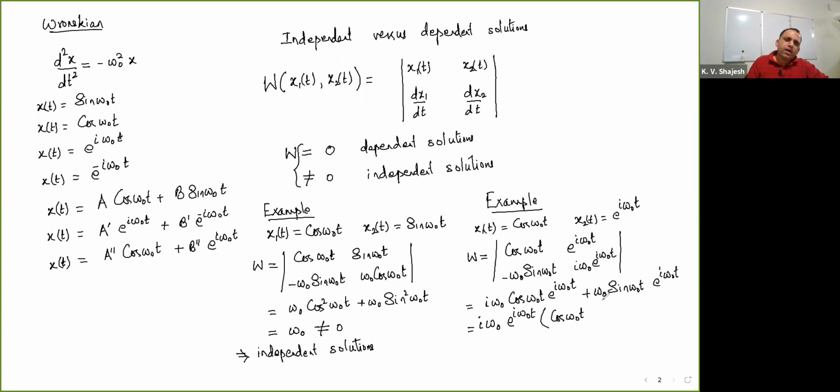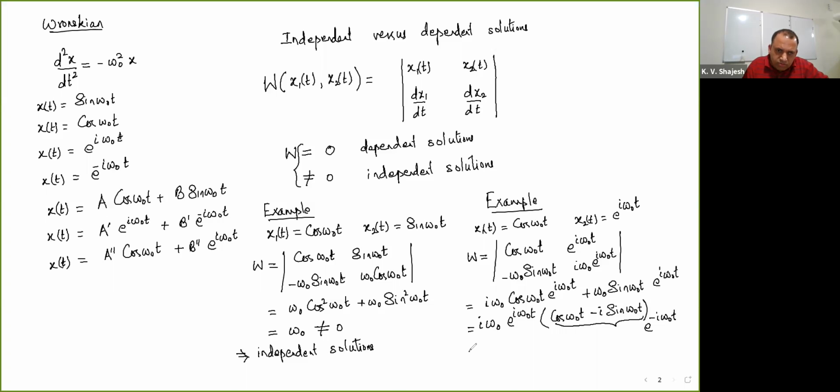Since I've taken an I out, I have to put in a minus I in the second term, so it's minus I times sine of omega naught t. Remember from your Argand diagram and complex numbers, cosine omega naught t minus I sine of omega naught t is exponential of minus I omega naught t.